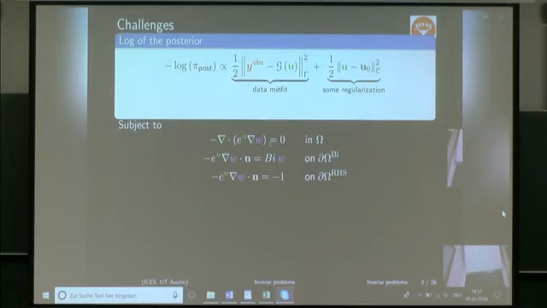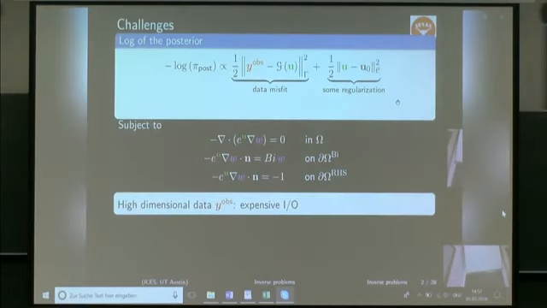The data misfit is an effort to look for the parameters u that match the observations. But inverse problems are typically ill-posed, so you need some regularization. The second term can be a regularization, or the negative log of the prior if you take a Bayesian view.